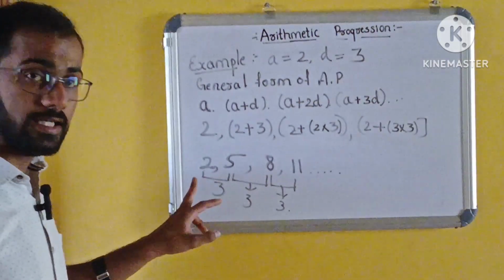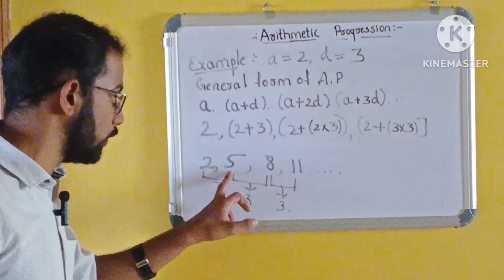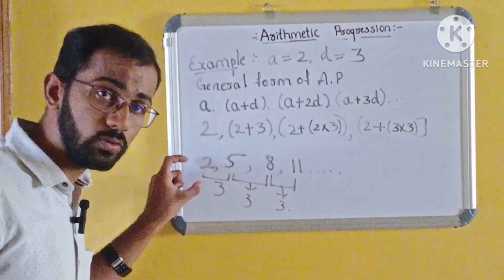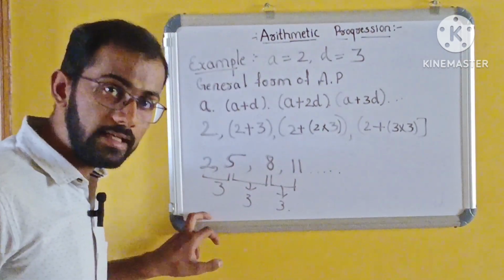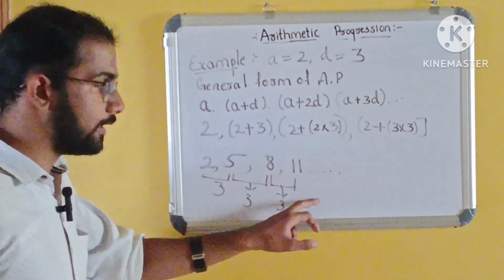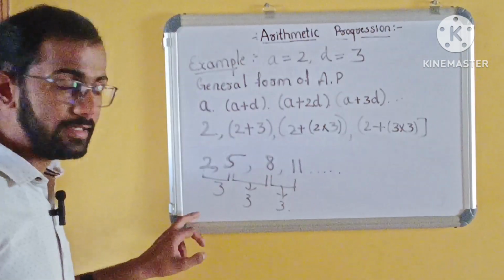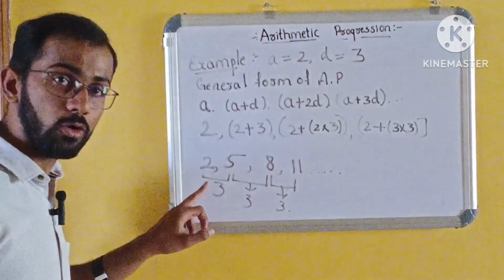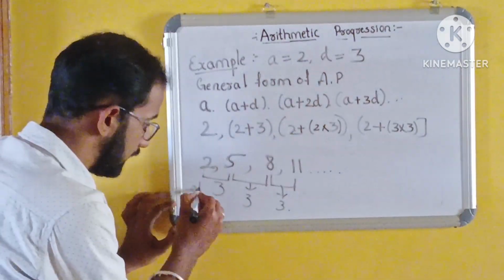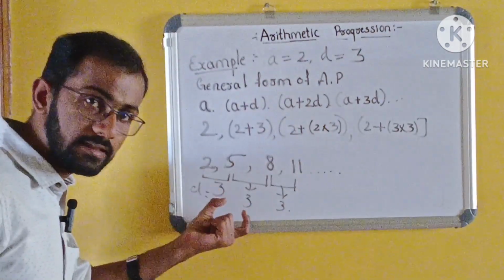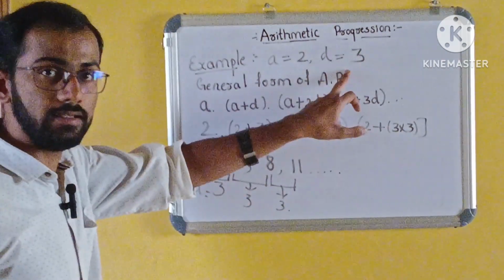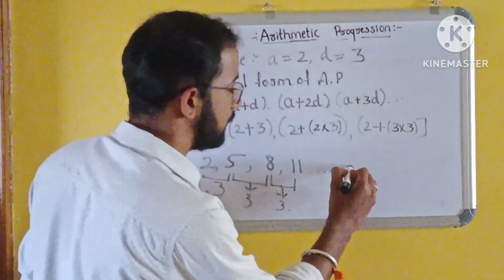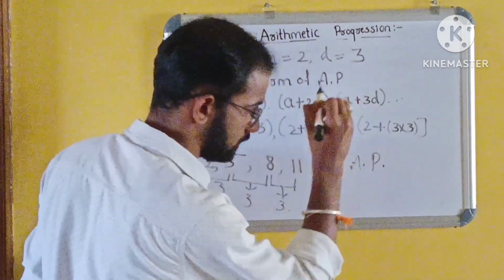So the difference between any two consecutive numbers is 3 everywhere in this sequence, and it matches the given d. Hence, it is an arithmetic progression.